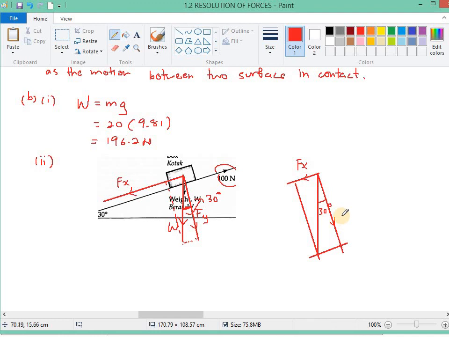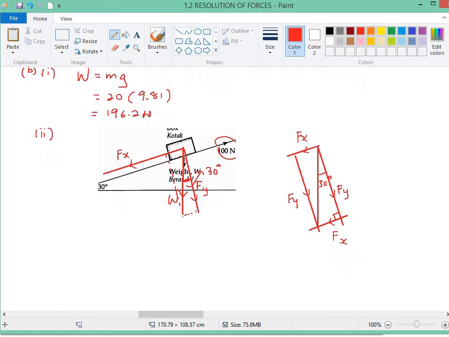This is the component that is perpendicular to the inclined plane. This is also Fx and this is also F1. This side is 90 degrees, so we can get a triangle again. From the triangle, we can see that this Fx is opposite the 30 degrees, so we can use sine 30 degrees equals Fx over the weight.